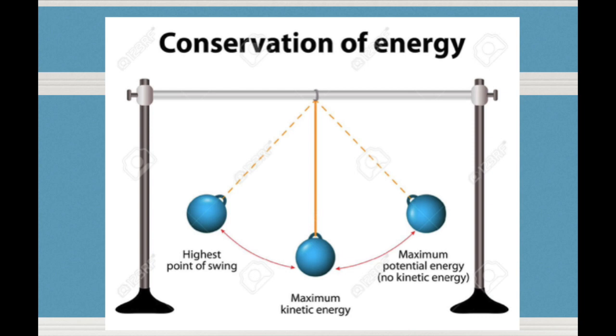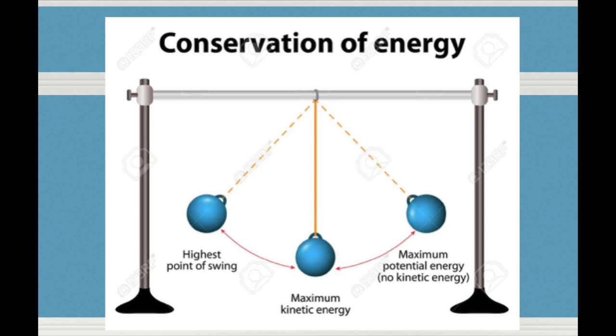Here's another great example of the conservation of energy. It's a pendulum. We did a pendulum lab back at school, if you guys remember. Here you see that the bob is in its highest point of the swing. That's where the potential energy is maximum, at the highest point of the swing before it's released.